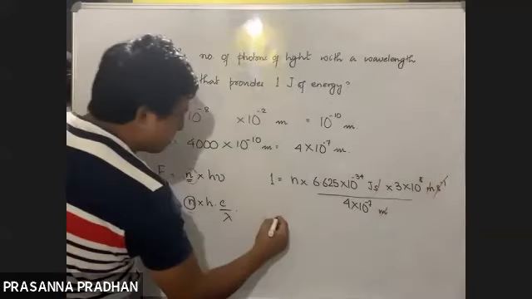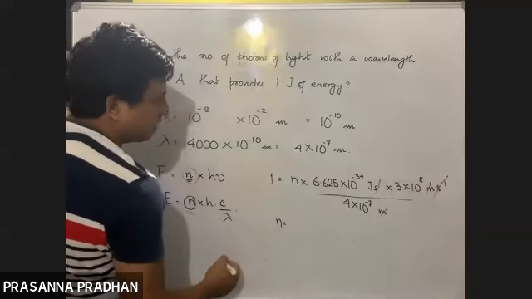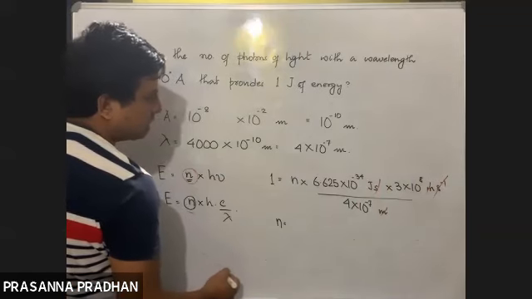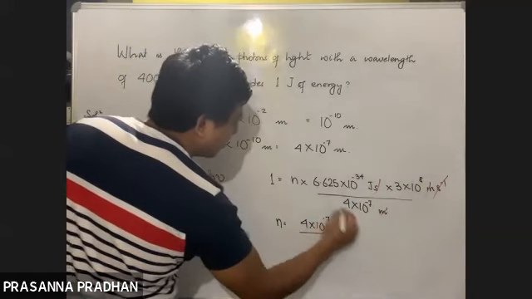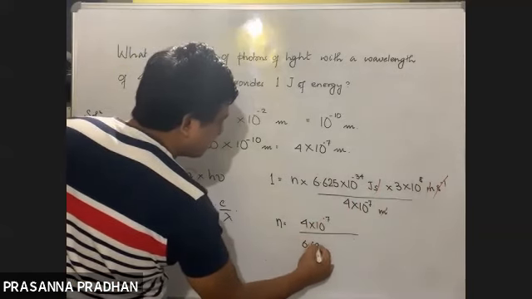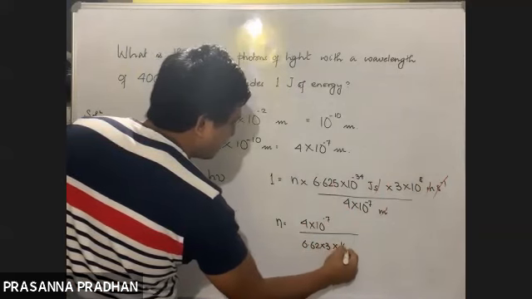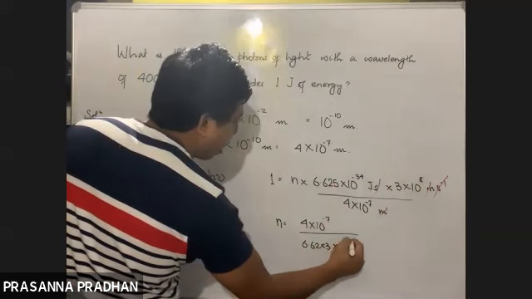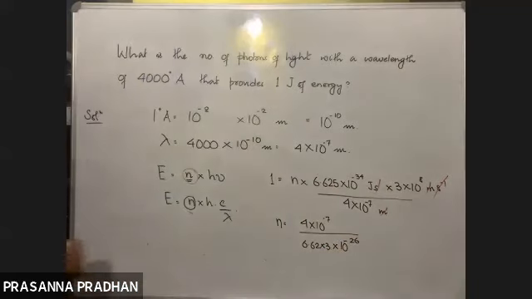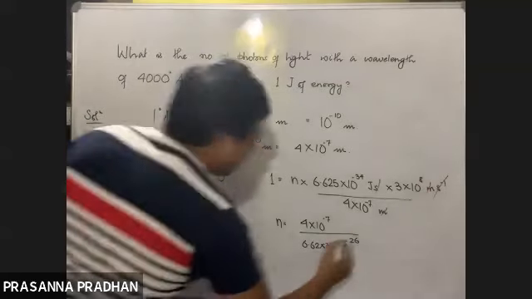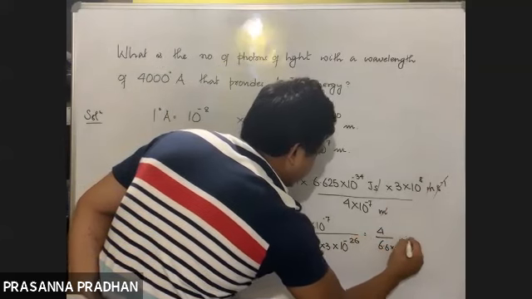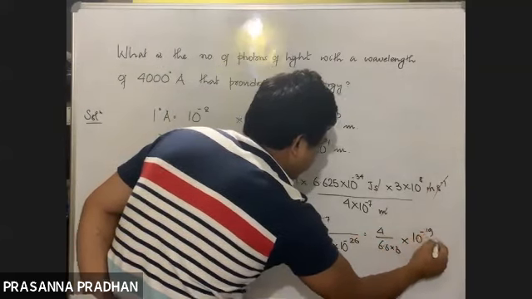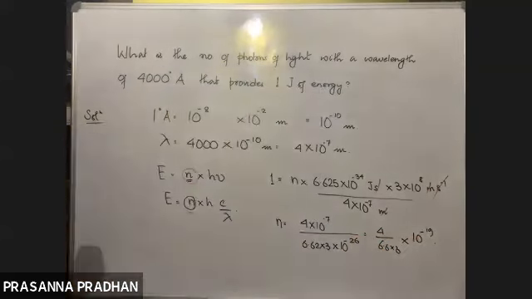So how much is n coming to be? Simplify: n equals 4 into 10 to the power minus 7 divided by 6.62 into 3 into 10 to the power minus 26. This will come out to be 4 by 6.6 into 3 into 10 to the power 19.